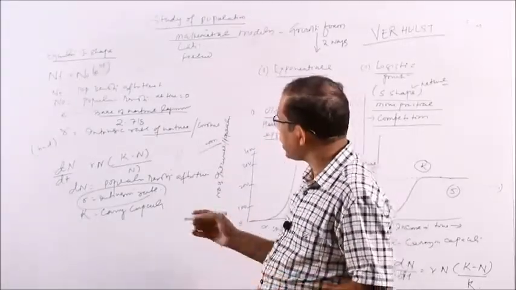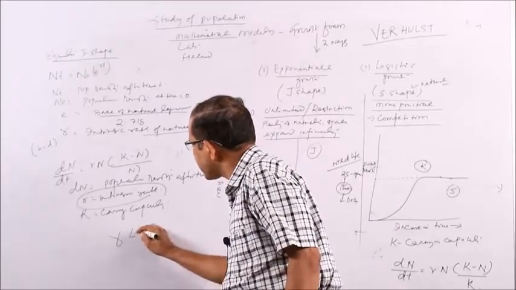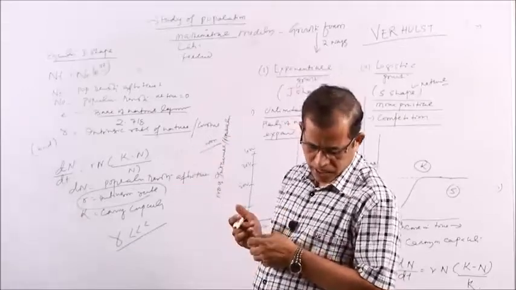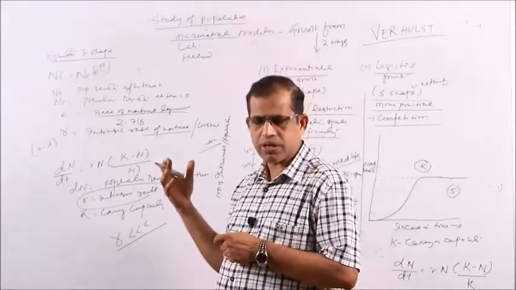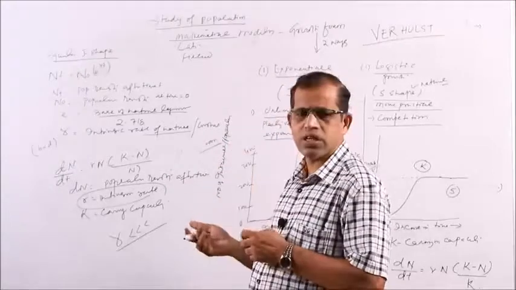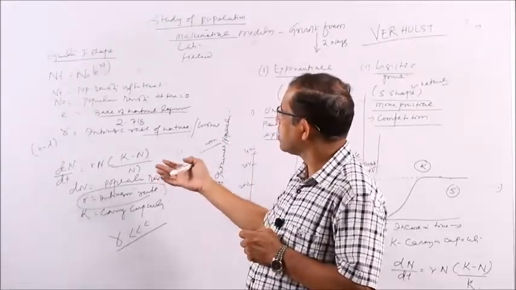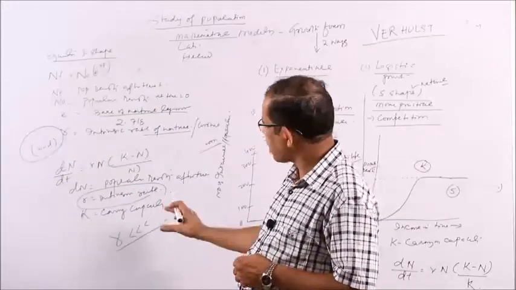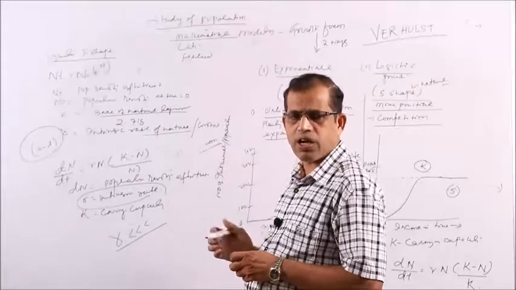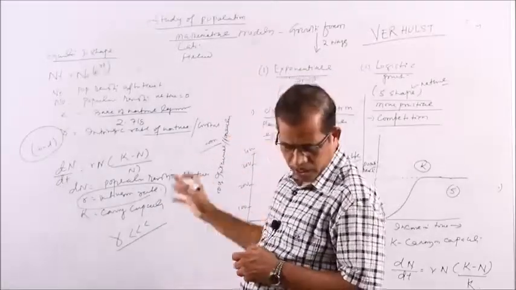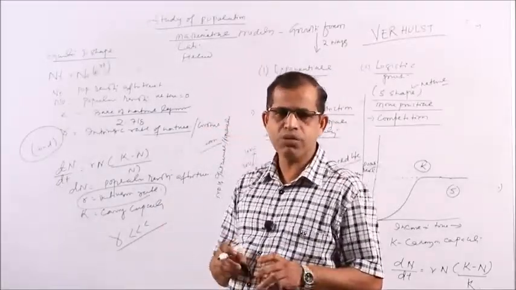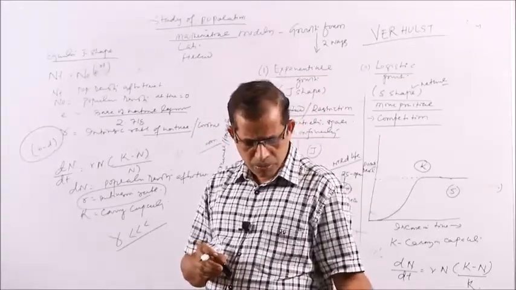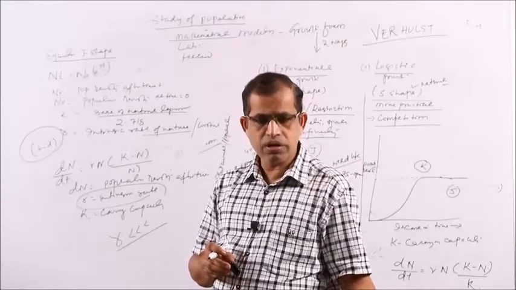Second, r progressively decreases, because there will be competition among these individuals. These intrinsic factors decrease, which you find from the birth and death rate, and that will also vary in that particular population. This is how one can analyze the attributes of a population, or how population growth can be discussed.